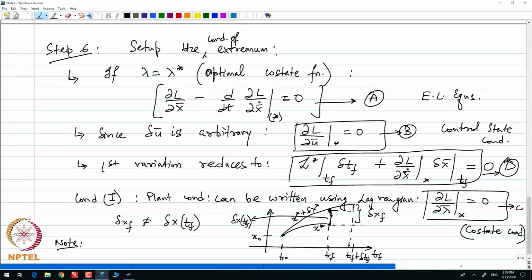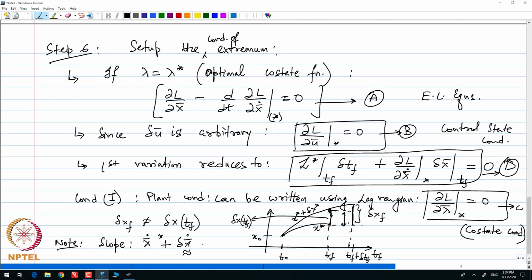Note that the slope of the optimal curve is x bar dot star plus variation of x bar dot, and this is almost equal to the value delta x f minus the value delta x at T f, so essentially this particular value minus this particular value.